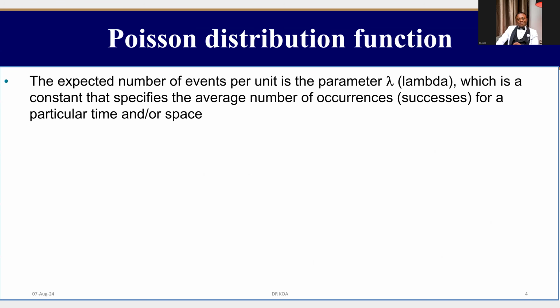Please note that the average, or the mean, is represented by this parameter, lambda. That's the mean of the Poisson. It tells you the average number of successes. The binomial was telling you the number of successes, but this one is telling you the average number of successes, given the space and time.